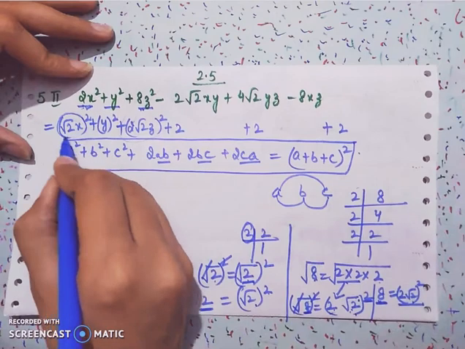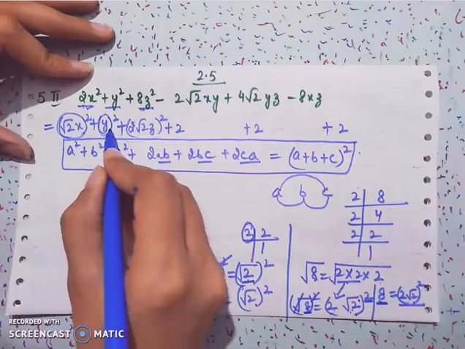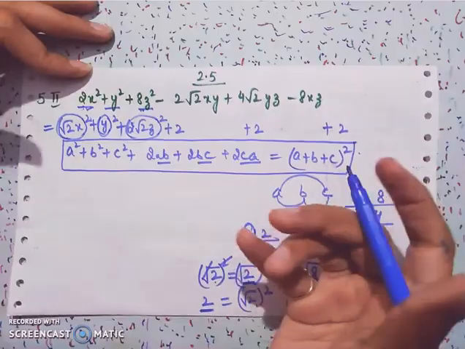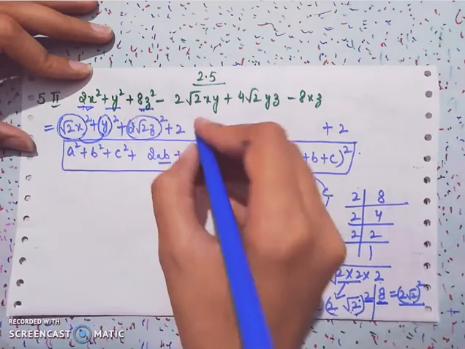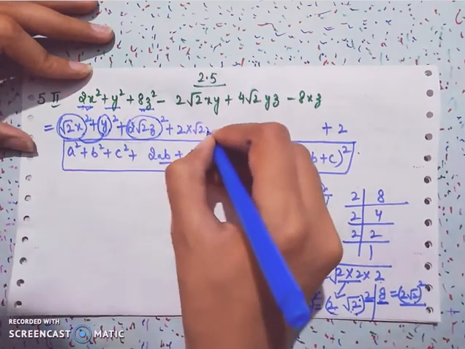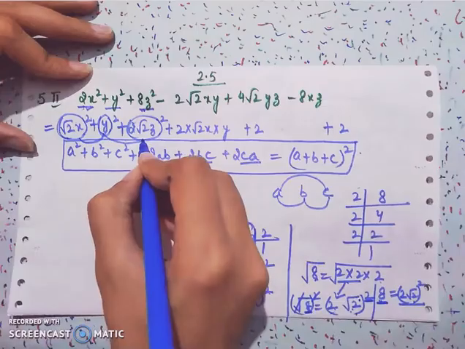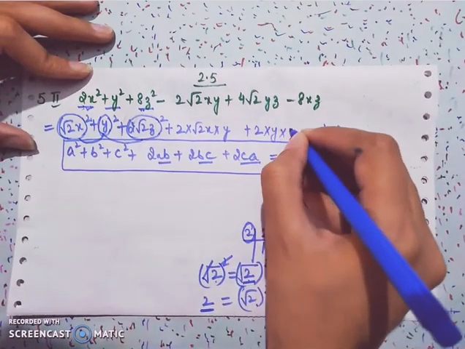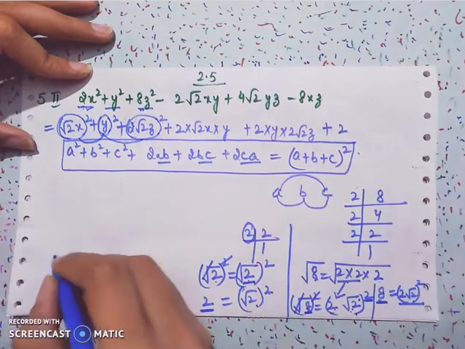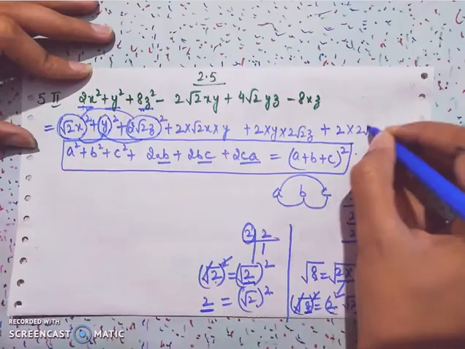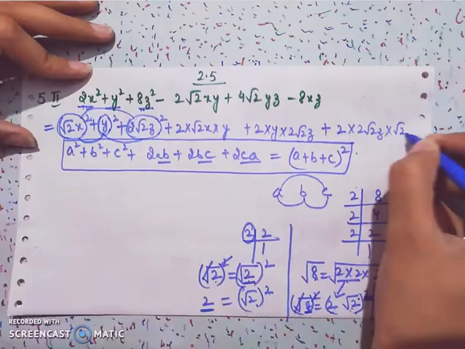This is the value of A, this is the value of B, and this is the value of C. Now just make the cycle as we made here. A into B, that is root 2x into y, then y into 2 root 2 z, then 2 root 2 z into root 2 x.